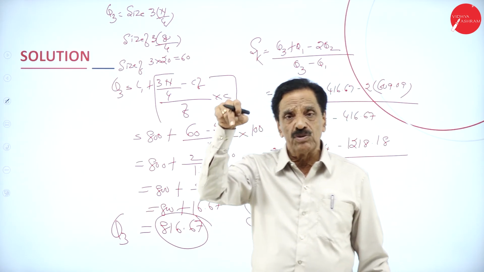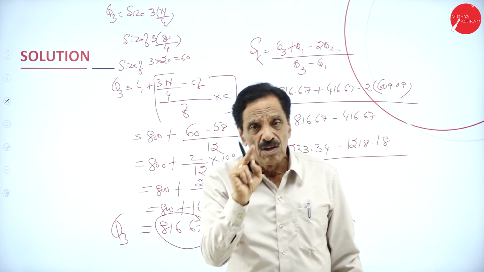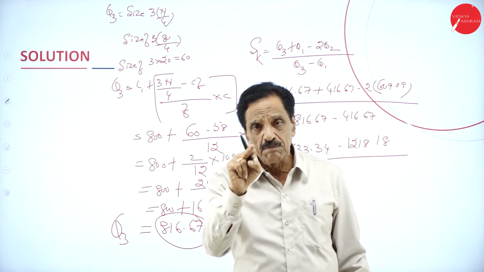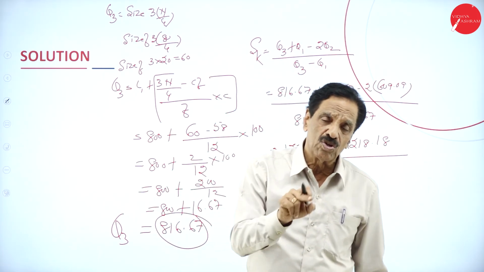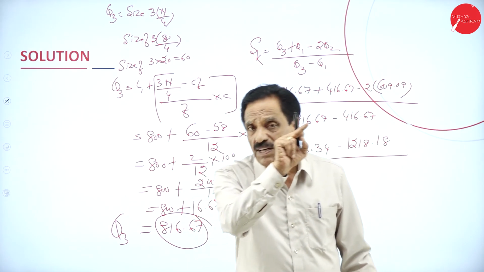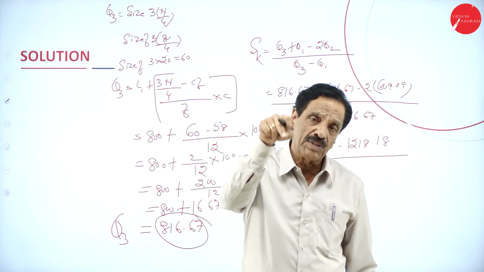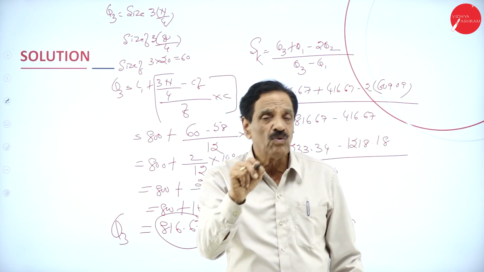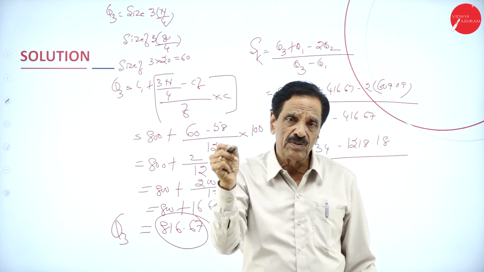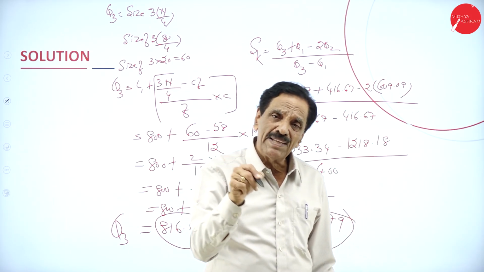Find the n by 2 in Cf. Apply the formula: Q2 is equal to L1 plus n by 2 minus Cf over F into C. Then go to Q3, the size of 3n by 4. Find it in Cf and apply: Q3 is equal to L1 plus 3n by 4 minus Cf over F into C. Once you find these, apply the Qness.